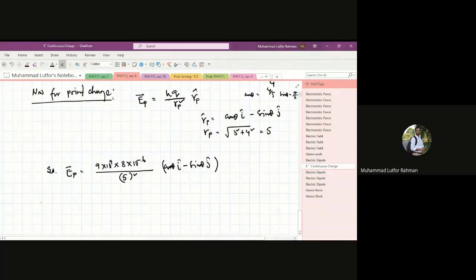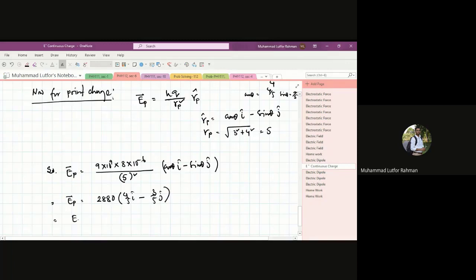And we'll put this information over here and write down E_P. Basically, if you calculate this one, you'll find out 288 into 4/5 i hat minus 3/5 j hat.